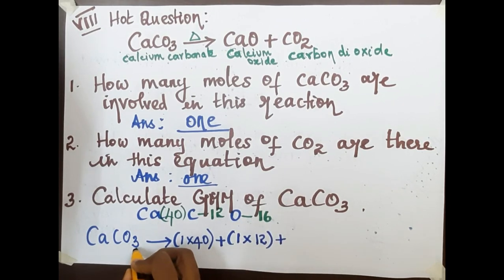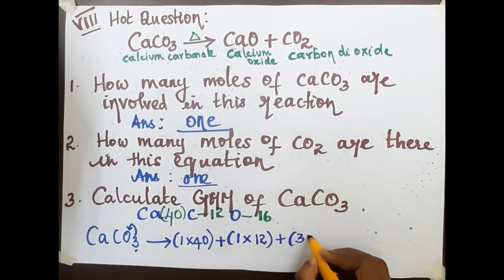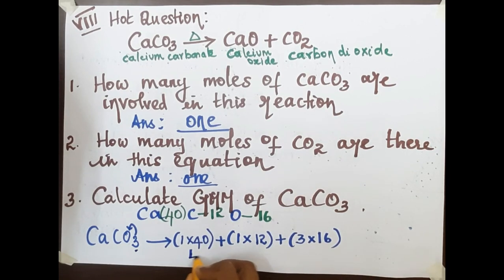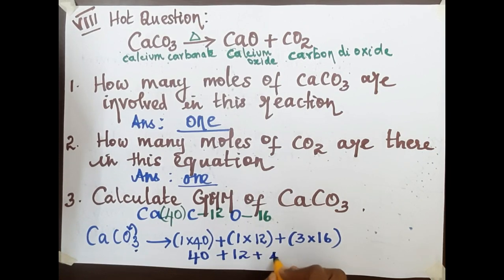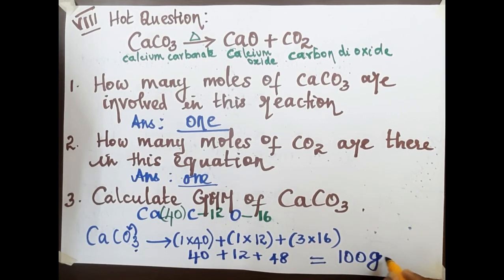Plus, how many oxygen atoms are here? It is 3. This 3 belongs only to oxygen. Be very careful, children. So 3 into 16. So listen here: 40 plus 12 plus 48. When adding, we get 100 gram per mole. So this is the answer.